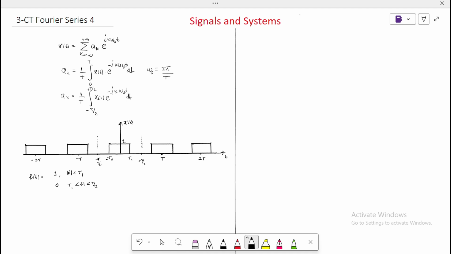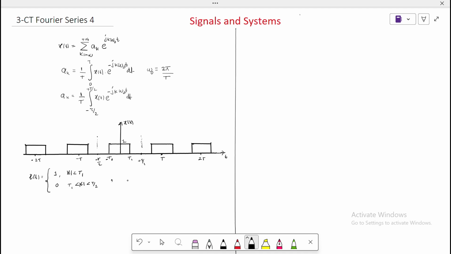We take mod t to cover positive and negative values. Mod t less than T1 is nothing but minus T1 to T1, where it is 1, and from T1 to T by 2 it is 0. This is the mathematical expression.